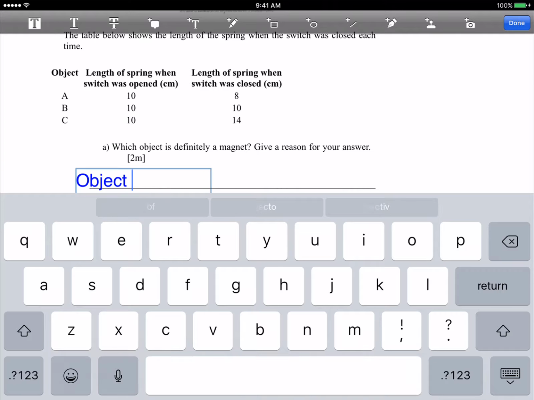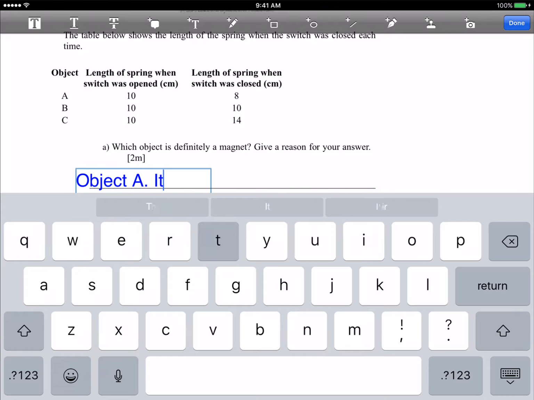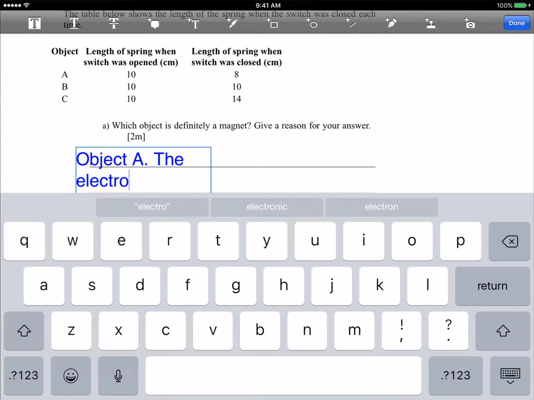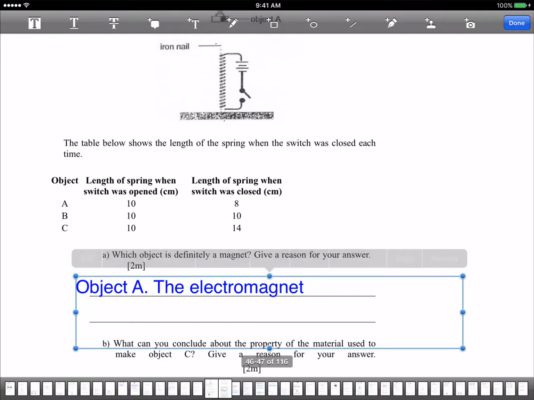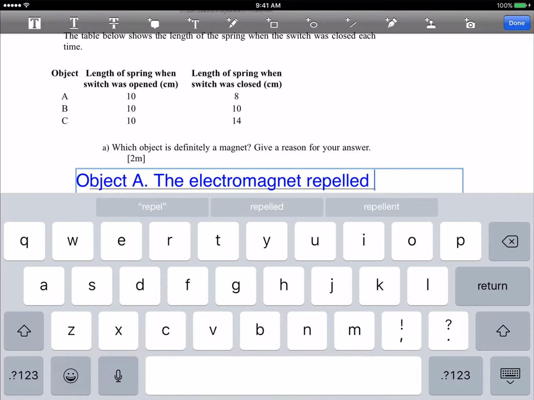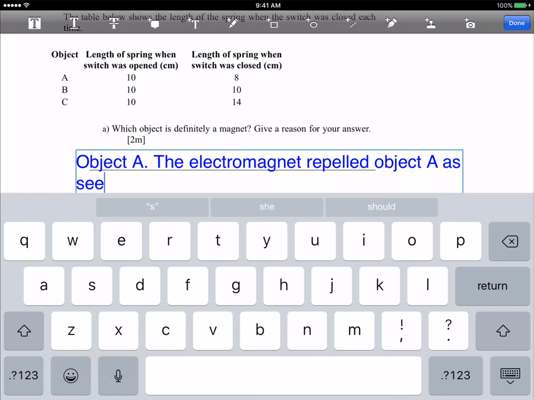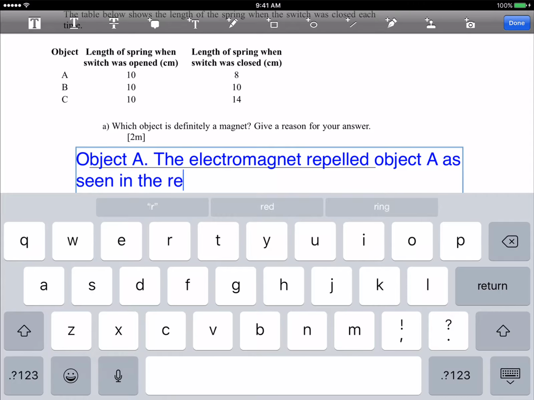Object A. Why is object A definitely a magnet? Because it repelled the electromagnet, as seen in the reduction of the length of the spring.